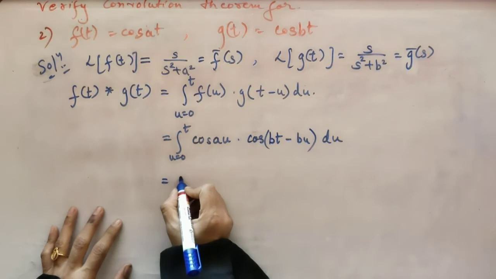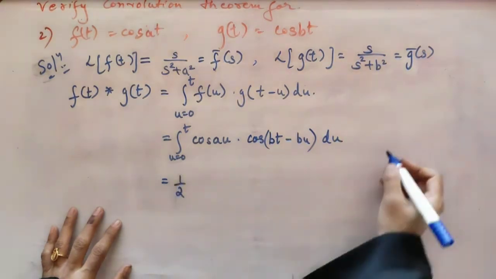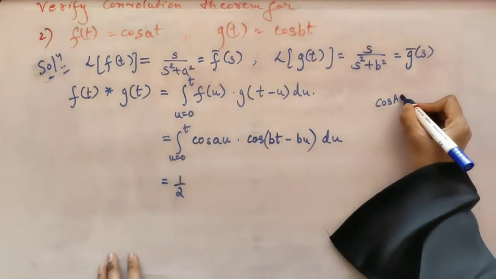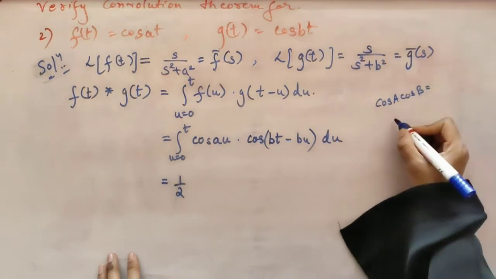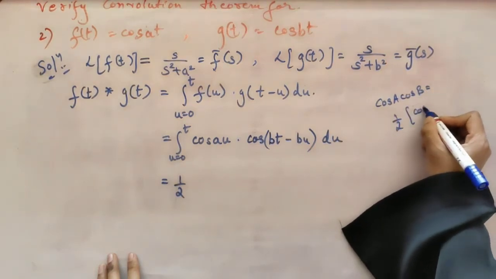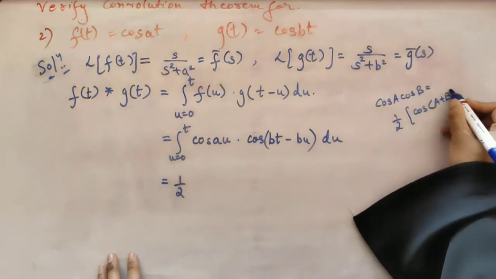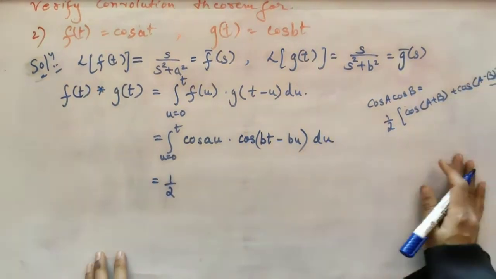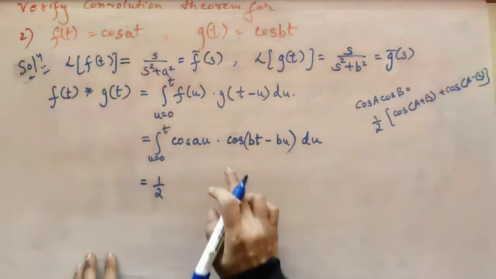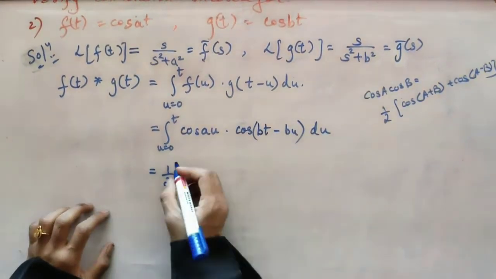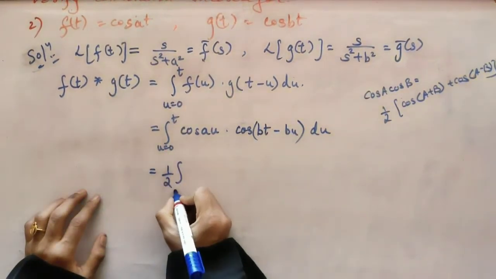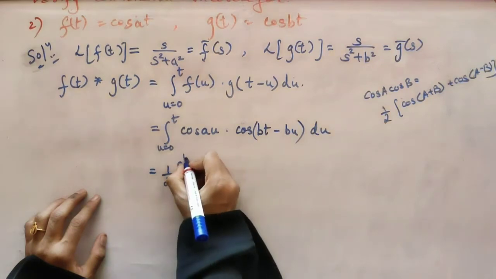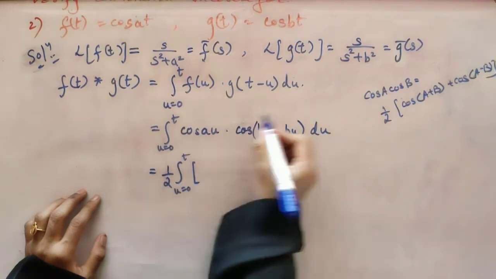So it is nothing but half, I will take it outside. What is cos a cos b? Cos a cos b is equal to half cos of a plus b plus cos of a minus b. This formula you all know very well. I am going to use it here. So this is equal to half under integral sign u going from 0 to t. I am just using the same formula.